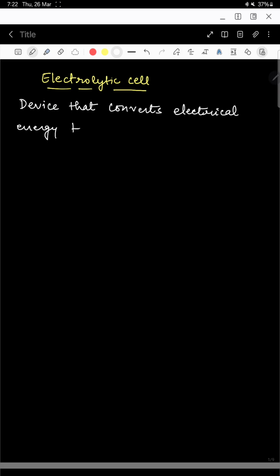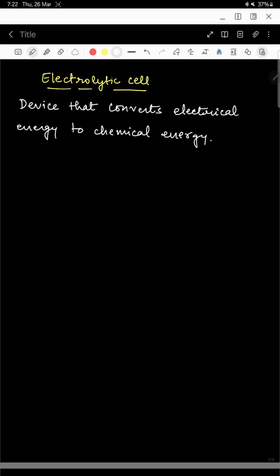What is an electrolytic cell? So basically an electrolytic cell is a device that converts electrical energy to chemical energy.